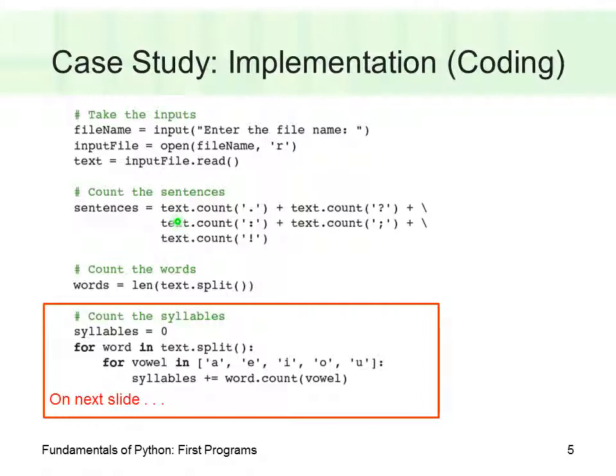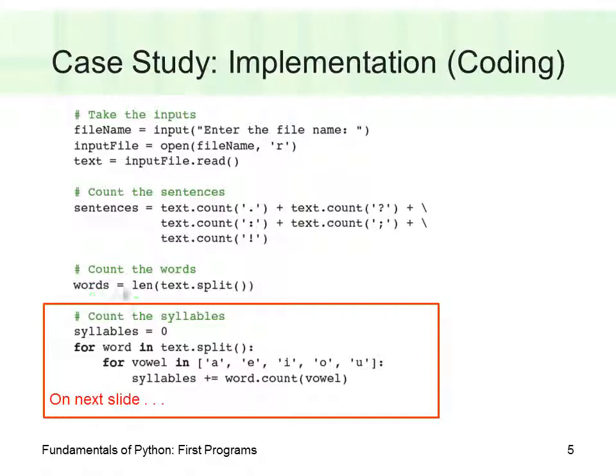So we can simply say text.count the periods plus text.count the question marks plus the colons plus the semicolons plus the exclamation points. And this should give us a count of all the sentences in our file. It's just that easy.